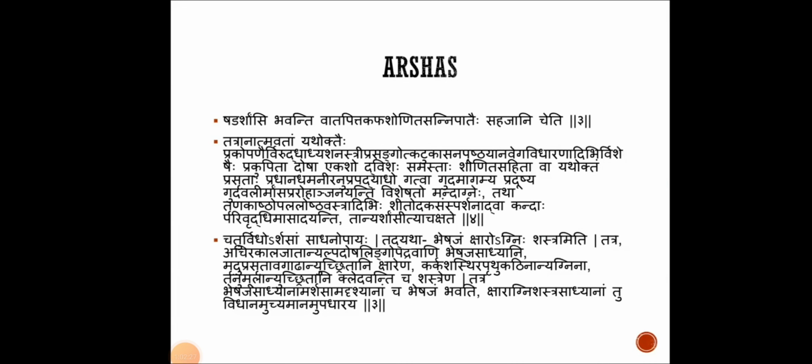Means main things you have to know is, first it is about Arshas, which produces fleshy growths in the Guda valleys, that is called Arshas. Nidana, it is told Samanya Nidana and Vishesha Nidana are told. Samanya Nidana: Guru, Madhura, Sheeta, Vidahi Ahara, then Vyayama, Diva Swapna, Basti Vibhrama, those kind of Nidanas come under the Samanya Nidana.